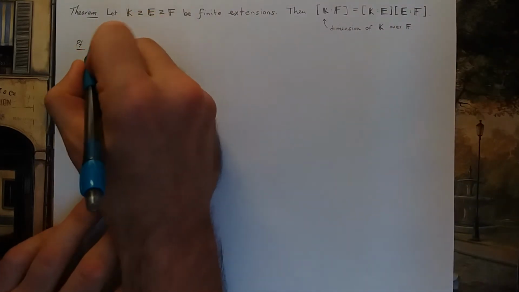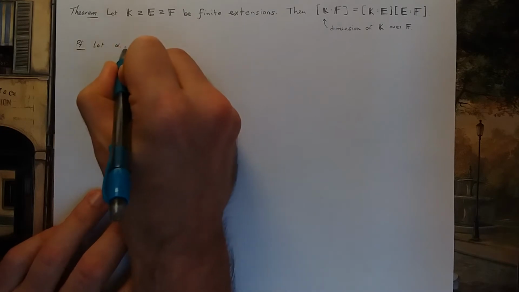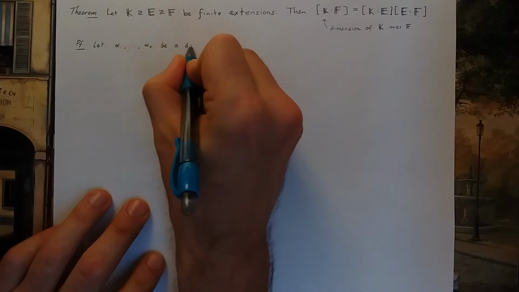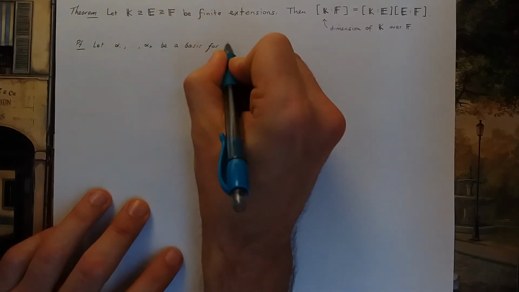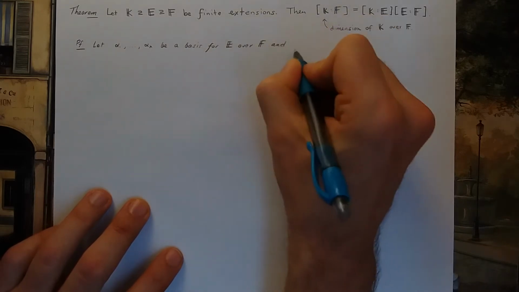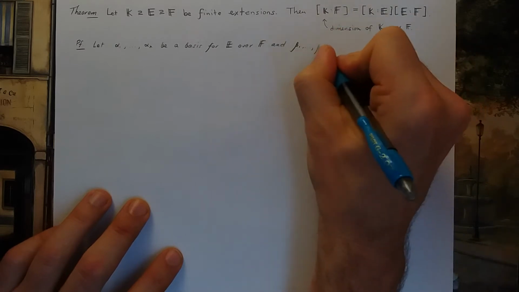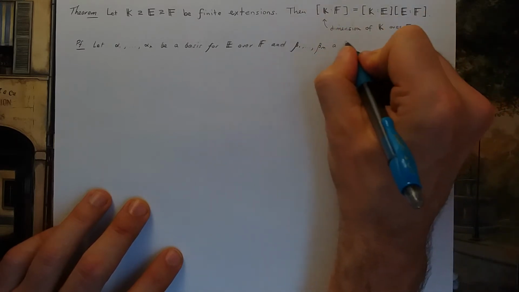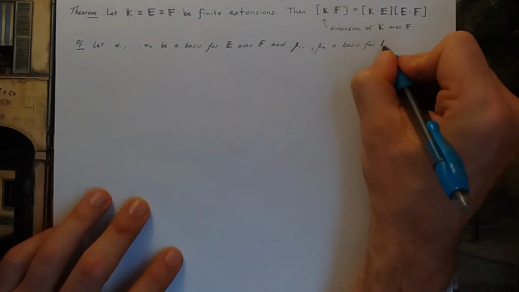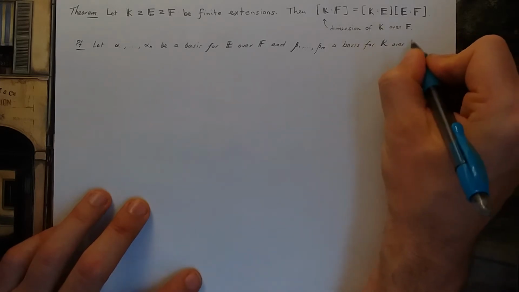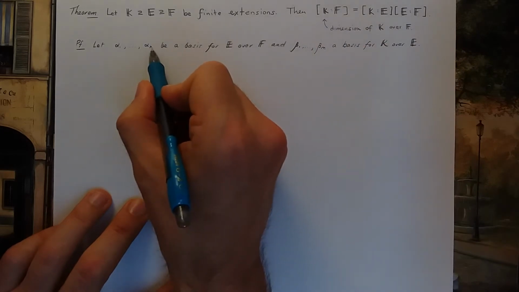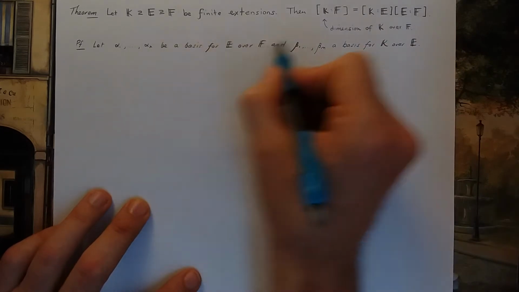So I'm going to start with letting alpha 1 through alpha n be a basis for E over F. And how about beta 1 through beta m, a basis for K over E. So I'm saying that I have n vectors in a basis for E over F. That's what this means.